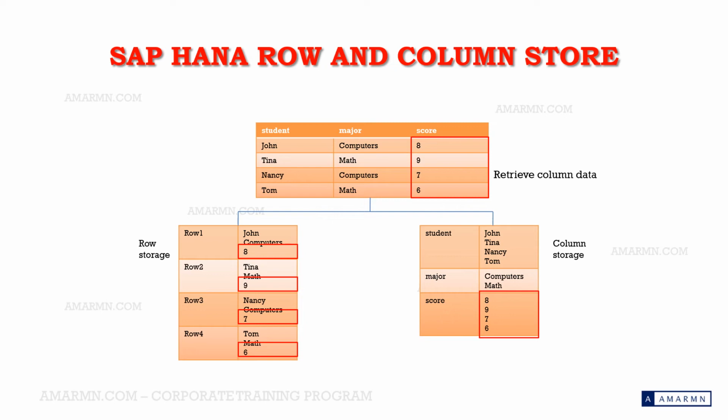If required, SAP HANA gives you the feature to convert a table from row to column and vice versa without losing data. Although this might be a database intensive process.